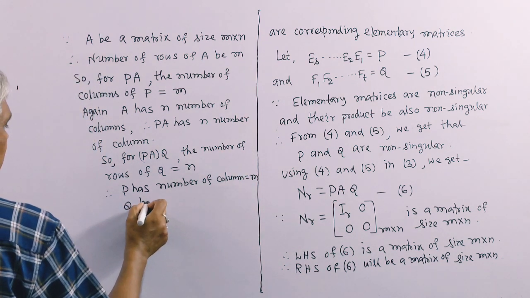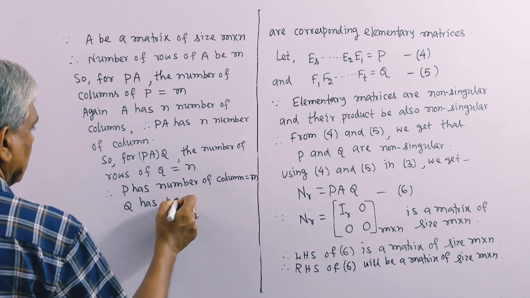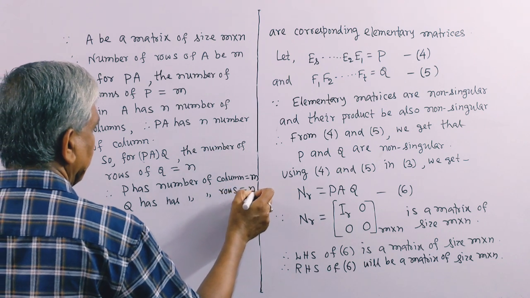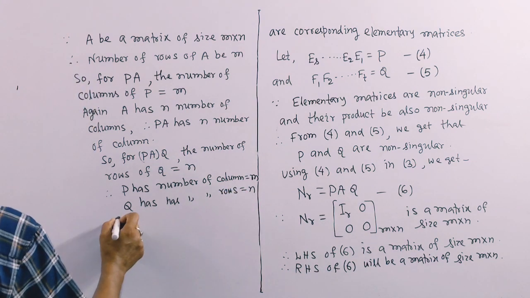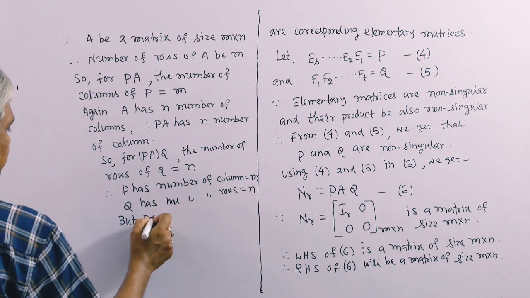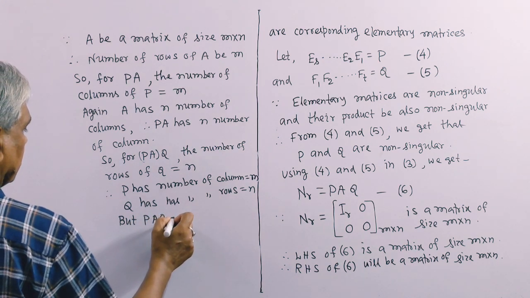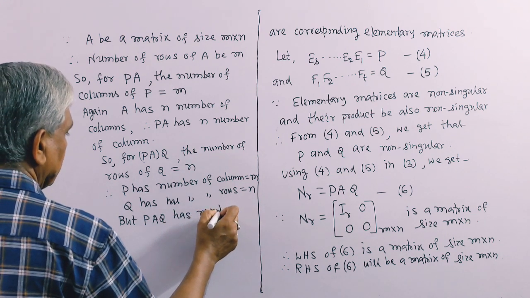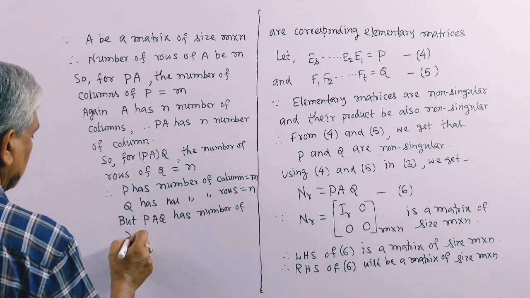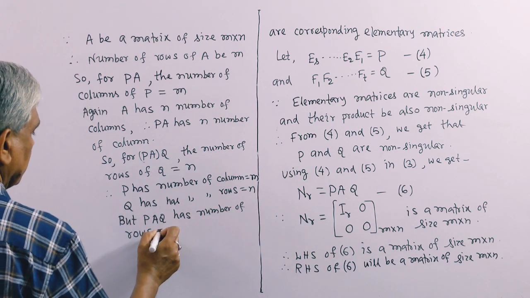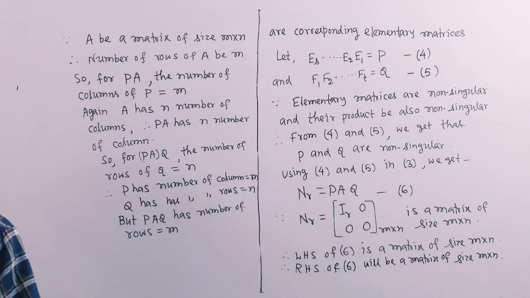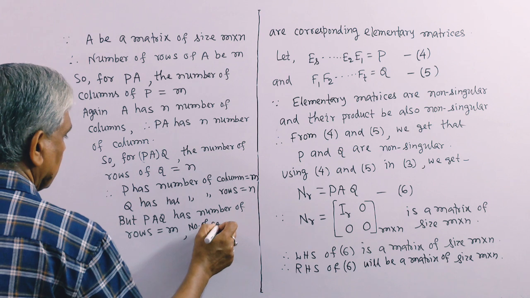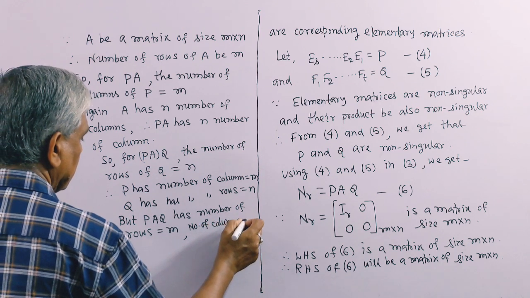Q has number of rows equal to n, but PAQ has number of rows equal to m and number of columns equal to n.